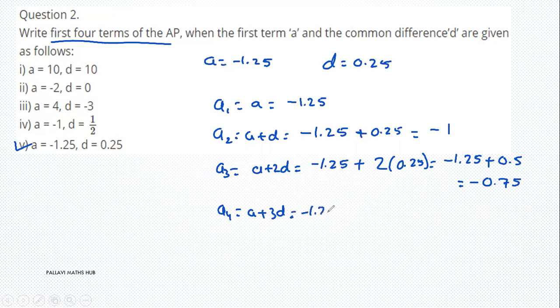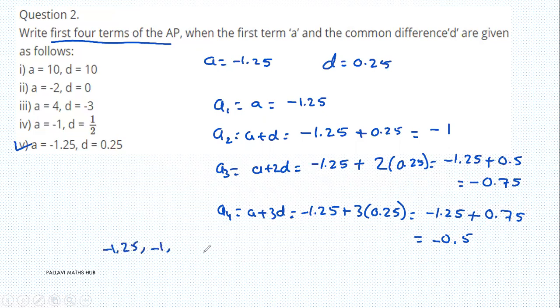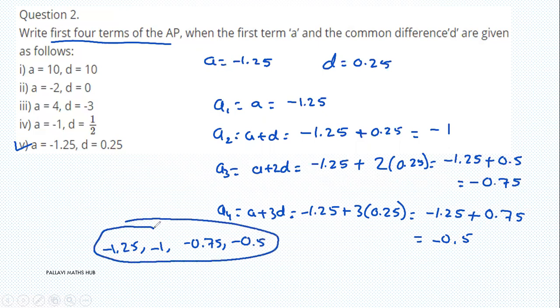The a value is minus 1.25 plus 3 into the d value 0.25, which is equal to minus 1.25 plus 3 into 0.25 is 0.75, which is equal to minus 0.5. Now write it in the order minus 1.25, minus 1, minus 0.75, minus 0.5. These are the first four terms of an AP.